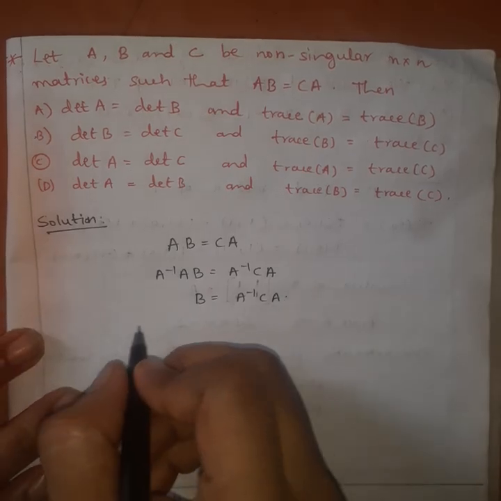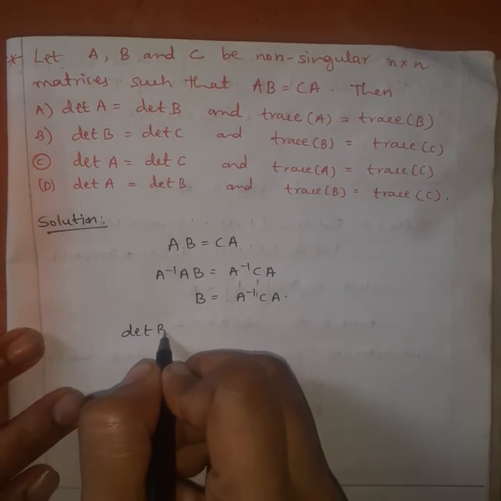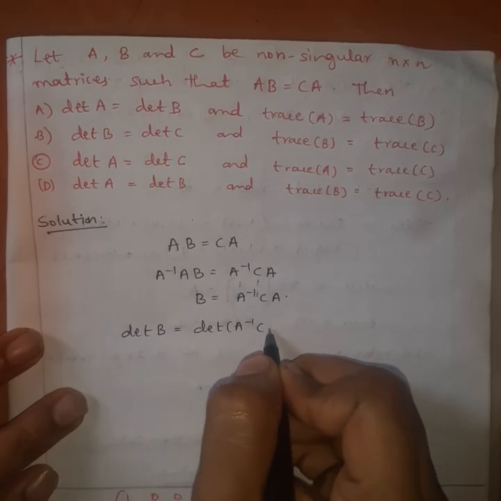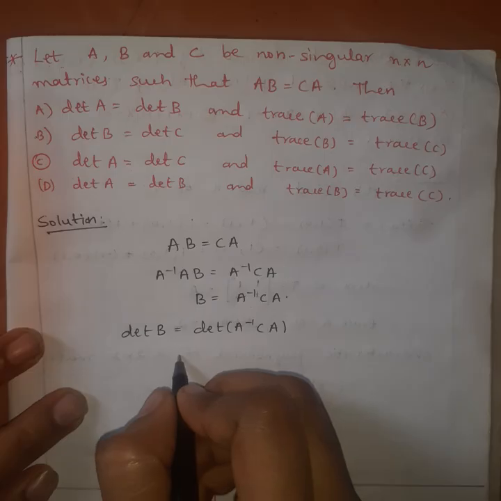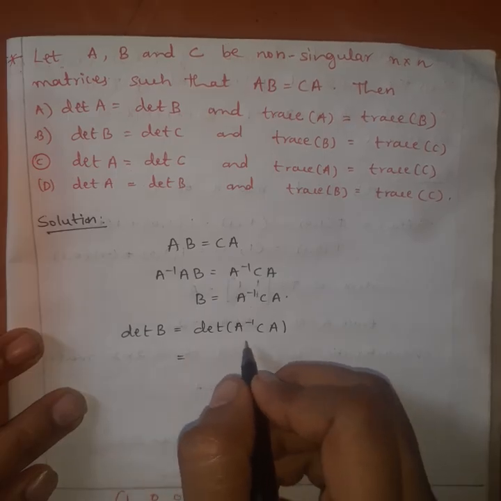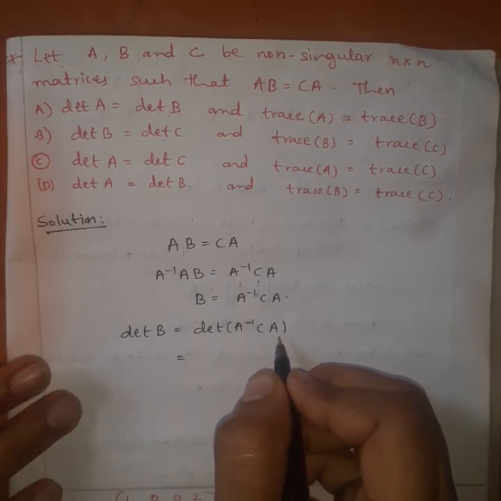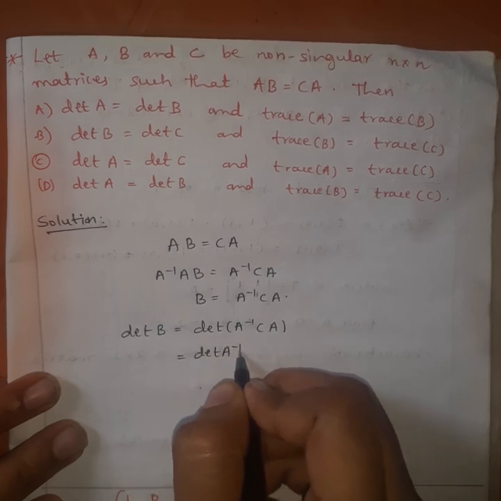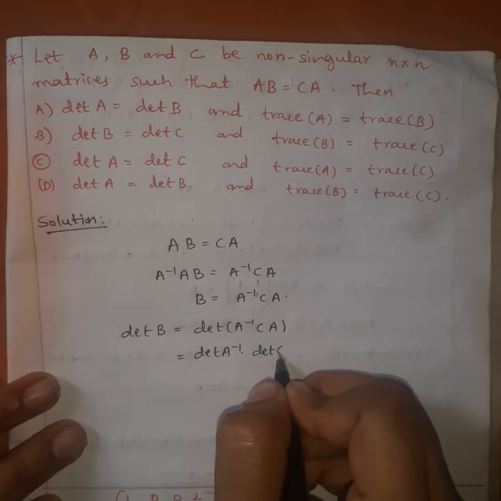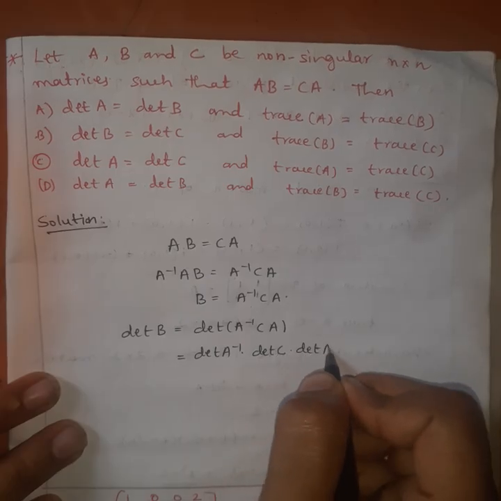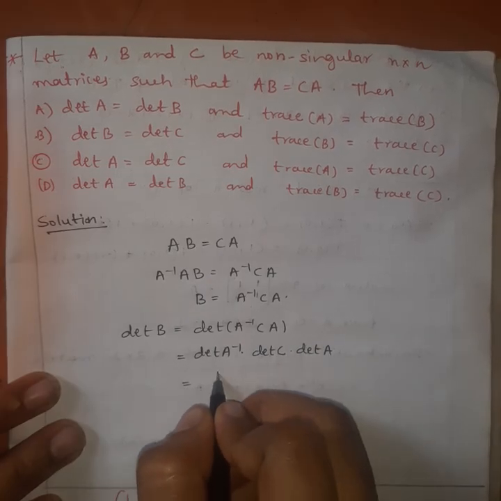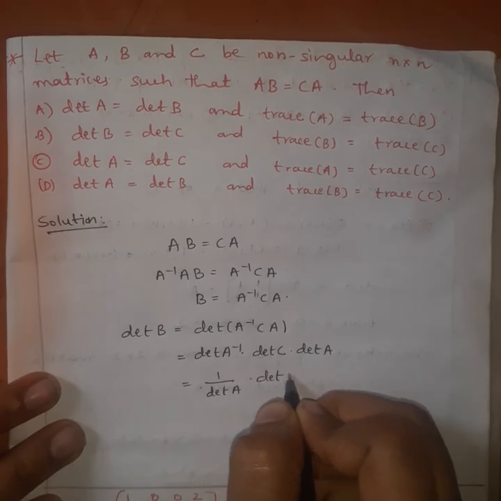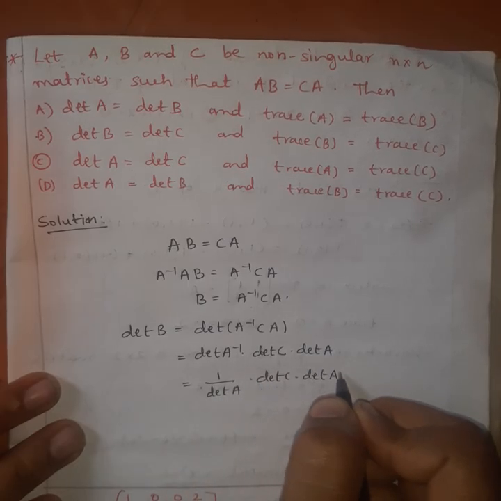Now determinant of B is equal to determinant of A inverse CA. Using determinant of AB equal to determinant of A into determinant of B, and the properties of determinant, this can be written as determinant of A inverse into determinant of C into determinant of A. Determinant of A inverse is 1 by determinant of A, into determinant of C into determinant of A. So this gets cancelled.